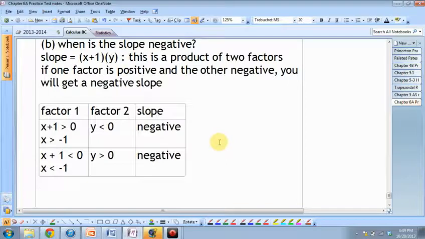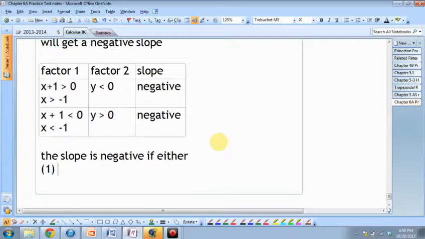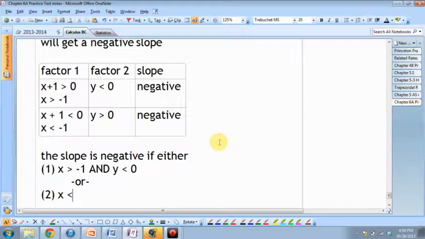Okay, so that tells me that the slope is negative if either 1, x is greater than negative 1 and y is less than 0, or 2, x is less than negative 1 and y is greater than 0.